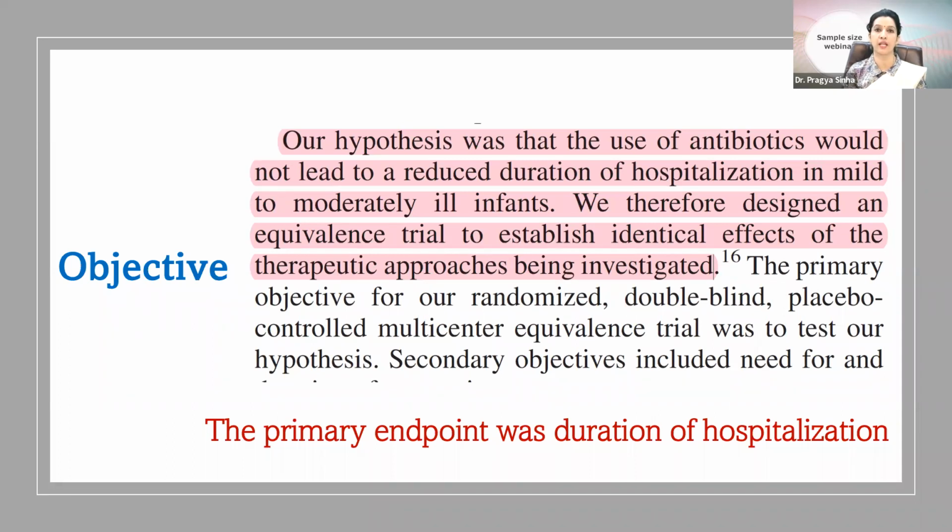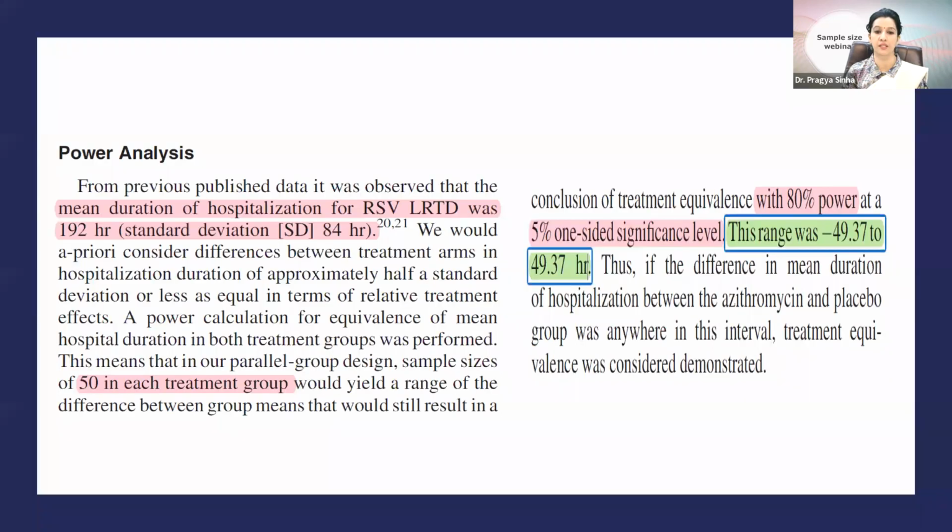So the primary endpoint was the duration of hospitalization. For this sample size calculation, what formula and what input have they used? They have taken the mean duration of hospitalization as 192 hours with a standard deviation of 84 hours. And the margin they have kept as 49.3.